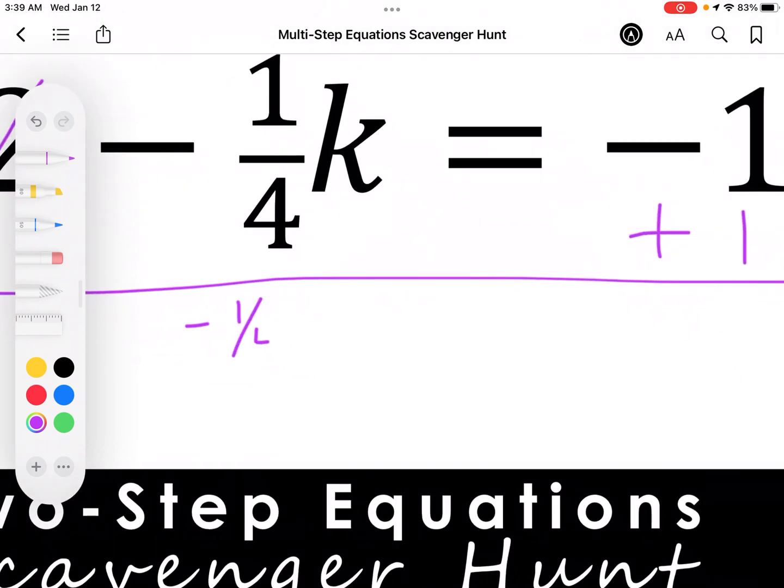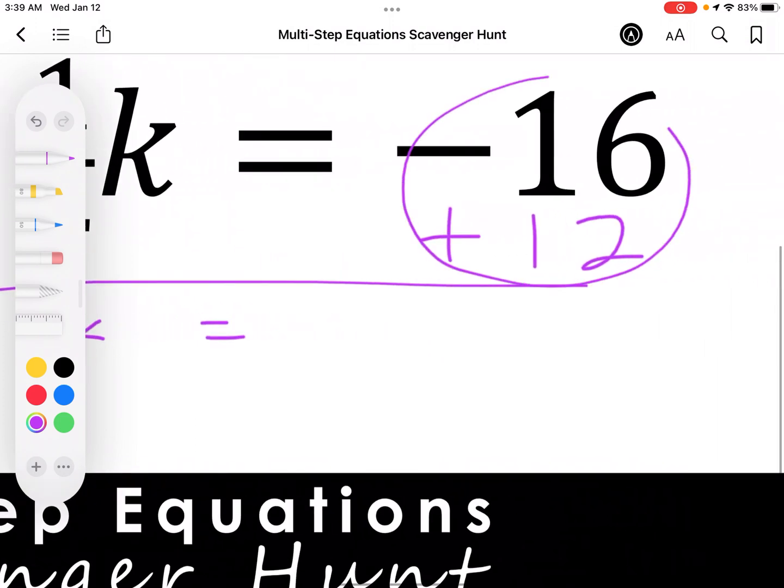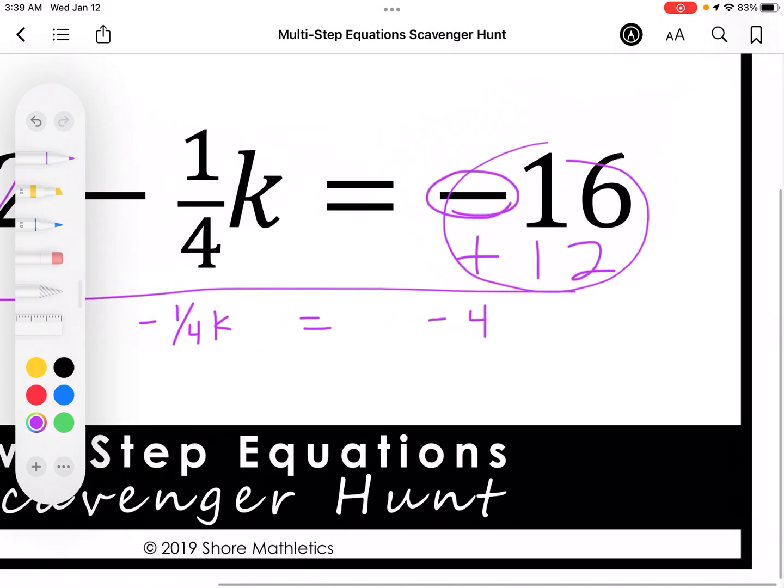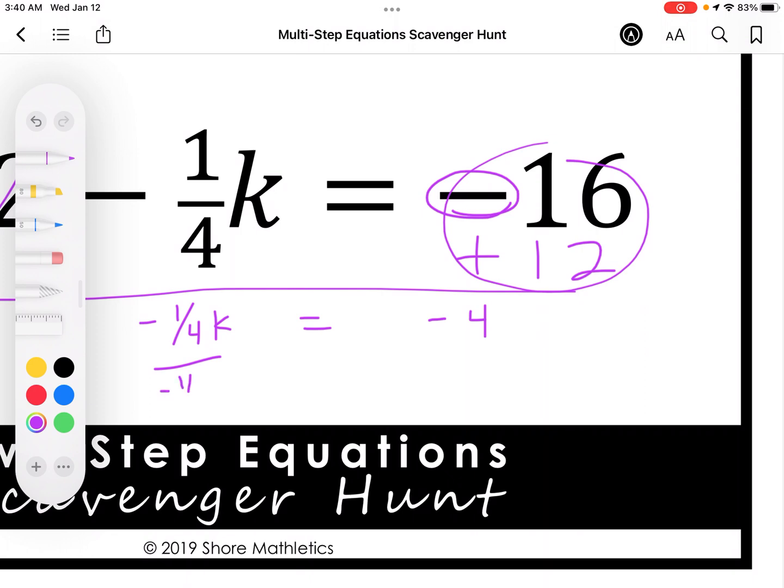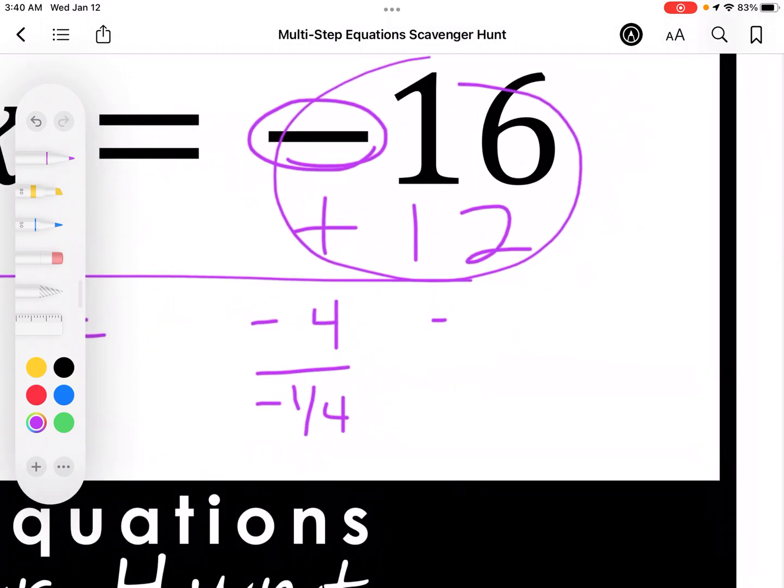So I have negative 1/4 k equals, my signs are different, so I have to subtract. And it's going to be a negative because there are more negatives than positives. If I multiply by 1/4, the opposite would be to divide by negative 1/4. So I'm dividing by negative 1/4, which is the same as negative 4/1 divided by 1/4.